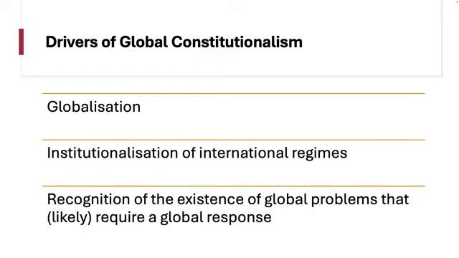And then the final driver of global constitutionalism is the recognition that there are global problems that will likely require a global response. There are some problems that we are facing right now that cannot be solved by mere reference to a single nation state. We cannot look to a single nation state to solve some global problems.